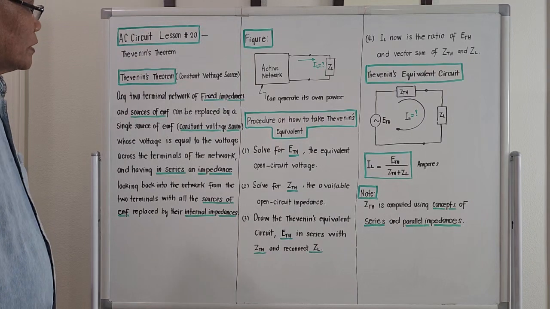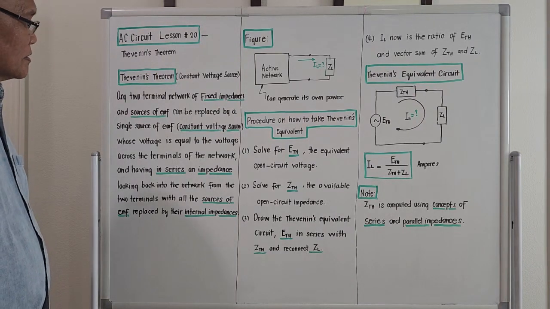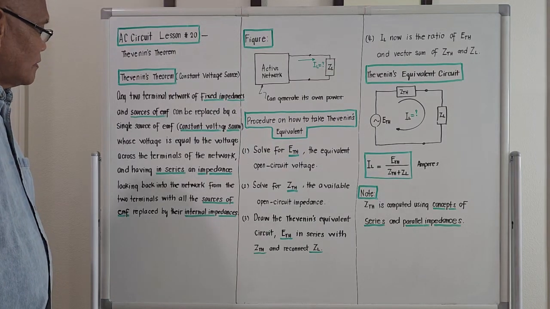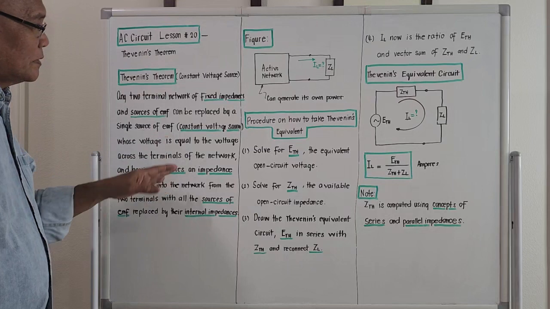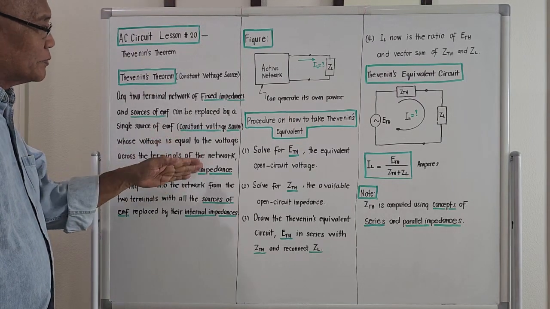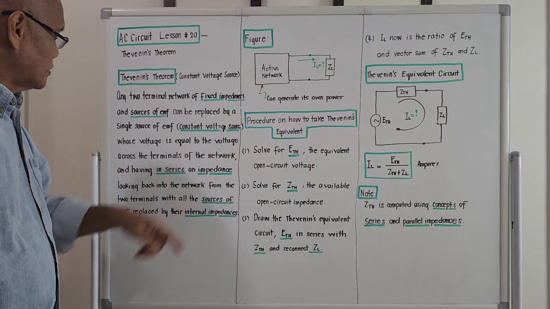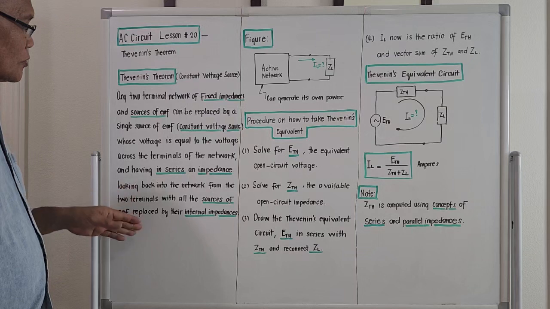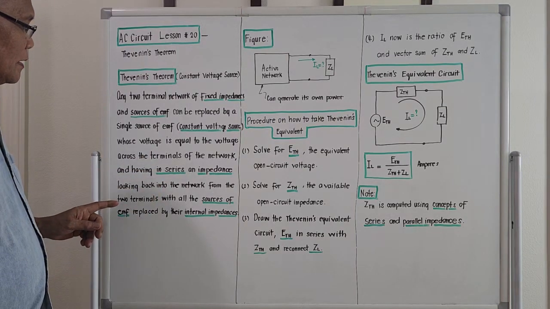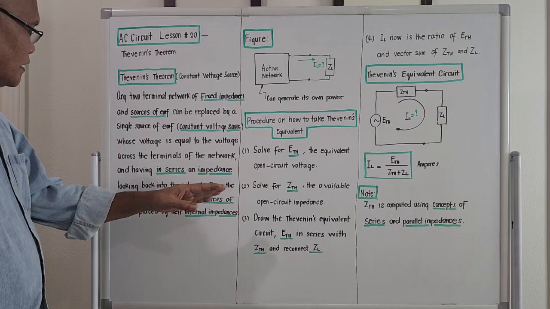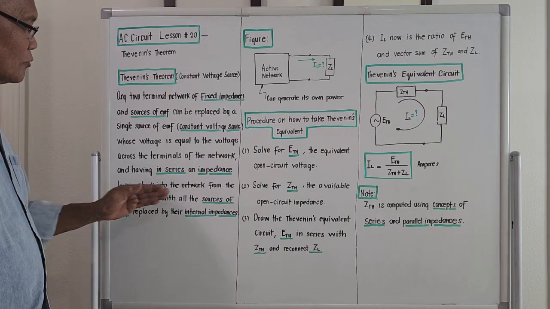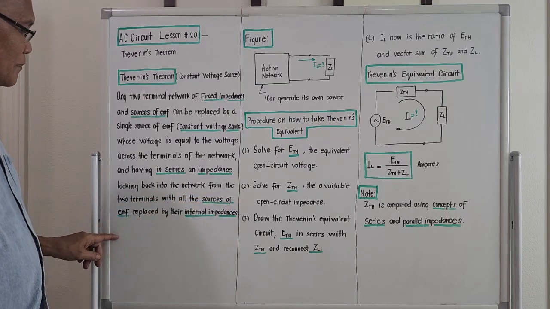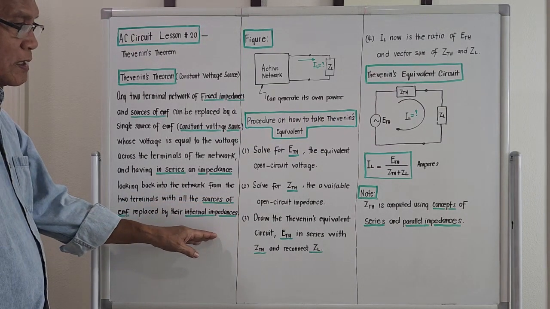Any two-terminal network of fixed impedances and sources of EMF can be replaced by a single source of EMF, termed a constant voltage source, whose voltage is equal to the voltage across the terminals of the network, and having in series an impedance looking back into the network from the two terminals, with all the sources of EMF replaced by their internal impedances.